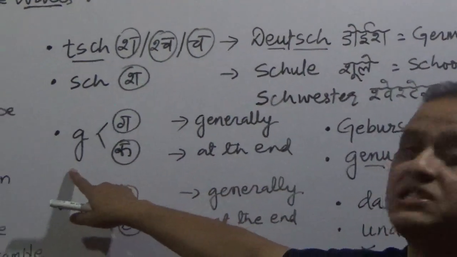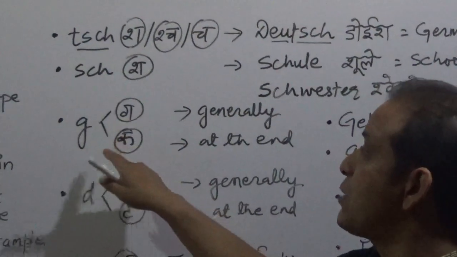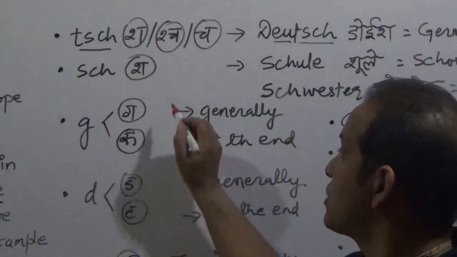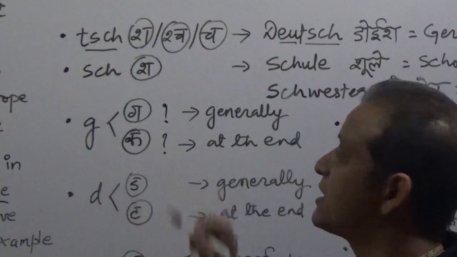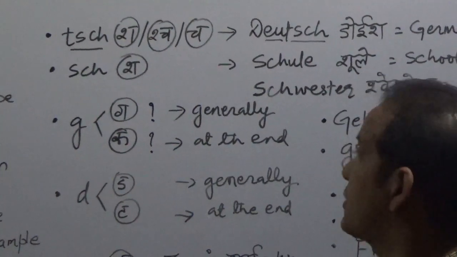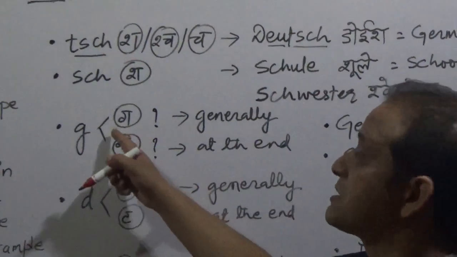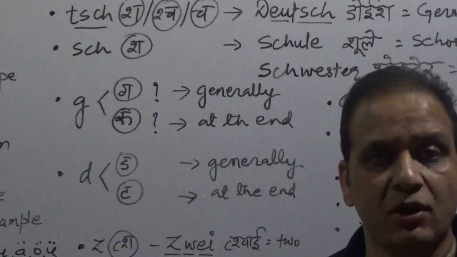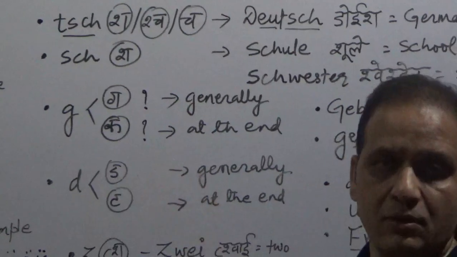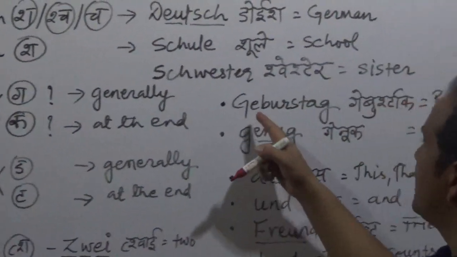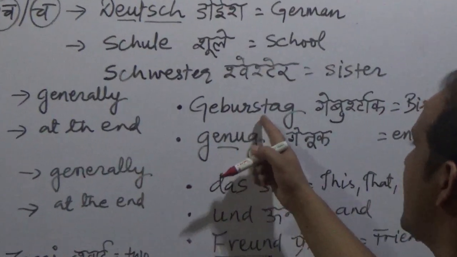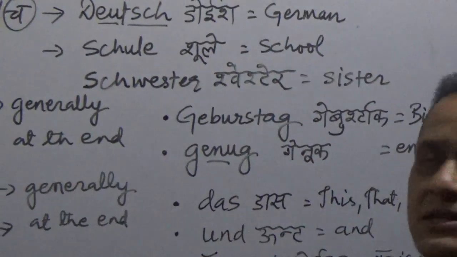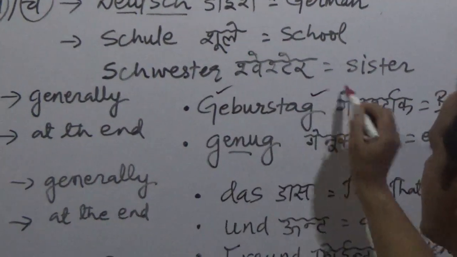The next one is G. It gives the G sound and K both. We want to know when it gives the G sound and when the K sound. Generally it gives the G sound. But if it is used at the end of a word, then it gives the K sound. Zum Beispiel G-E-B-U-R-T-S-T-A-G. Here we have G two times.